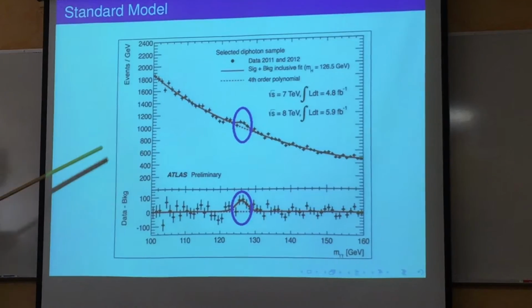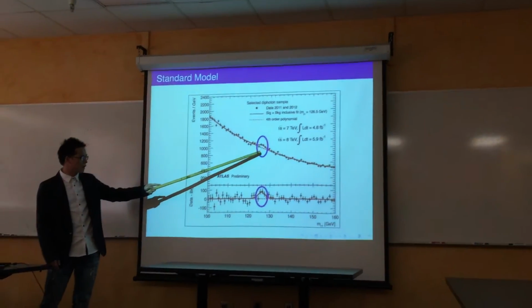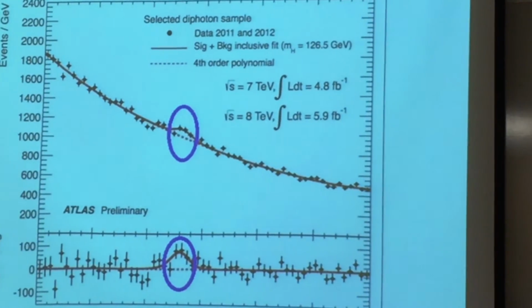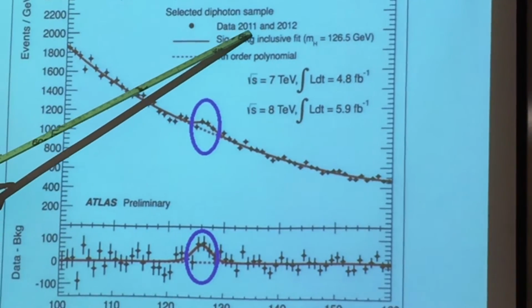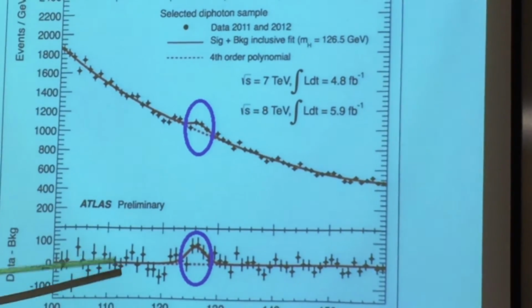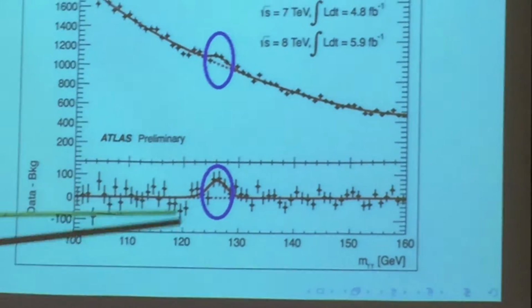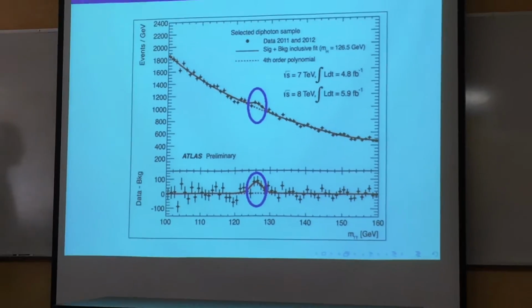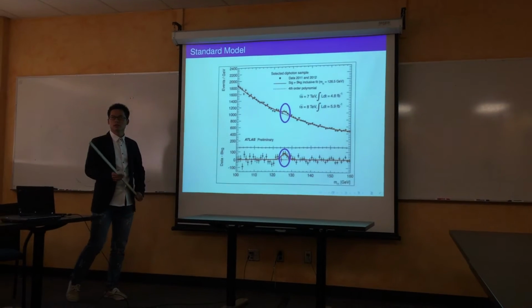This plot shows the signal has a bump over the backgrounds at a mass around 126 GeV using the data between 2011 and 2012. So you can see here we found something, and they confirmed this is a new particle similar to the standard model Higgs boson.